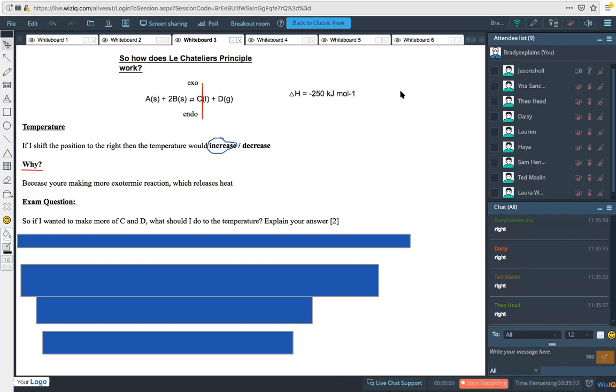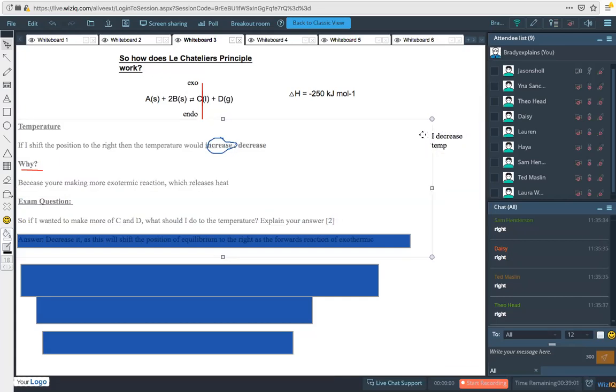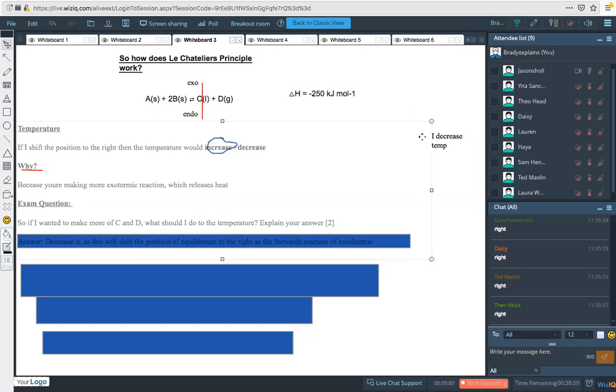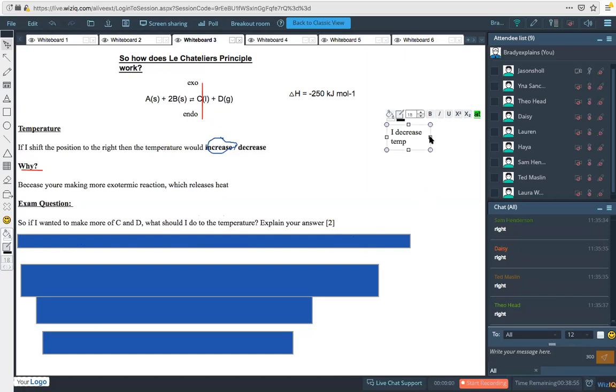So if I was to decrease the temperature, so if I was to make the temperature lower, I'll just write that here. So I decrease the temp. If I was to decrease the temperature, what would the position of equilibrium try and do to the temperature if I decreased it?